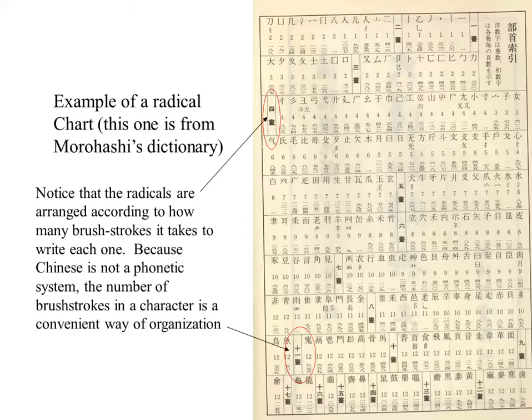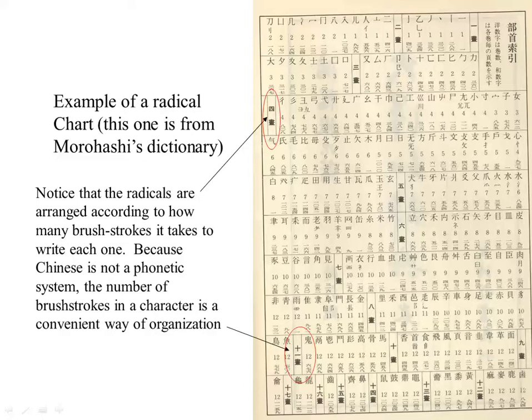Now I want to point out something now, and I'll probably point it out again later. In this chart, sometimes you'll see beneath a radical some variation, like you see here. That is another way in which that particular radical can appear in a character, and you'll see examples of that as we move through today's lesson.